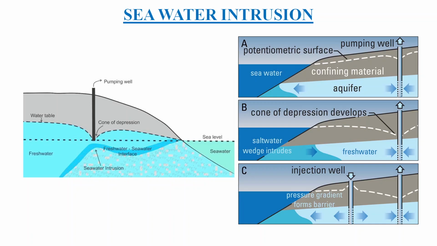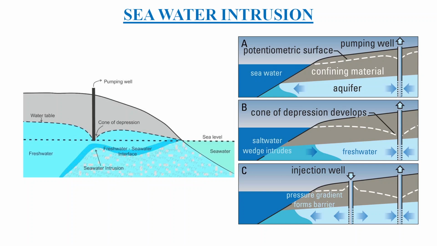So the water will try to flow towards the well to support the discharge. Obviously, this interface between the freshwater aquifer and the saline water intruded zone will try to finally reach the well.